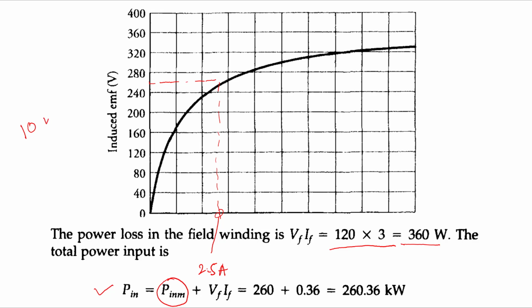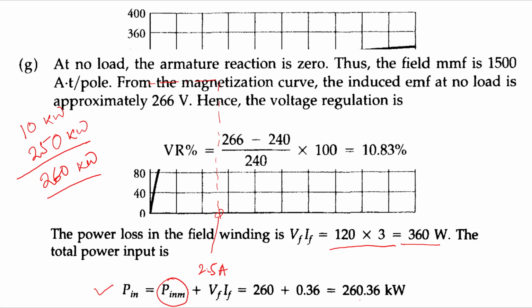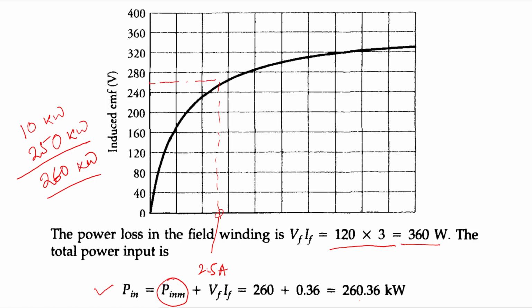Rotational loss was 10 kilowatt and power developed was 250 kilowatt. So both added together, it is 260 kilowatt. Now if we add the copper loss in the field, it will give me 260.36 kilowatt, right? Now I can find the efficiency. So efficiency will be how much? P out by P in, right? So how much is the efficiency coming? Can anybody tell?